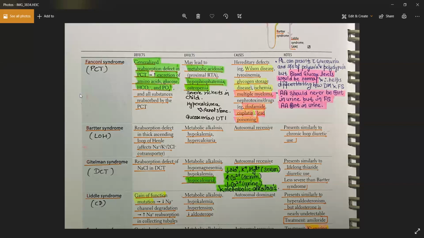So remember the GI cause, that is Wilson's disease. Remember the biochemistry, glycogen storage diseases. The hemonc, that is lead poisoning, and ifosfamide and multiple myeloma. Remember 3 chapters, and you will get all these causes. Just 3 chapters: GIT, biochemistry, and hemonc. That's how you can learn all the causes of Fanconi syndrome. Any doubt, please ask.